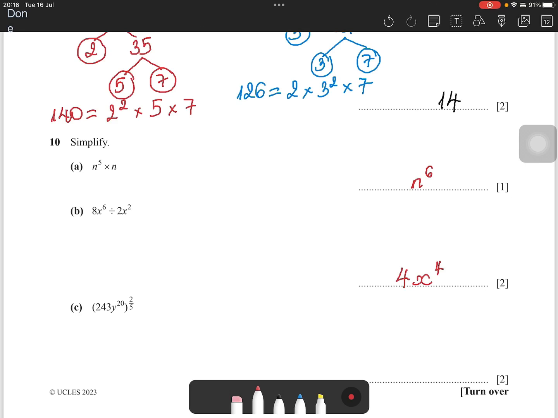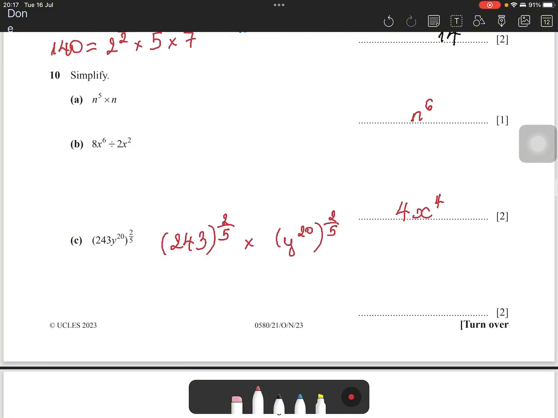C. For this kind of question, we will split it into two parts. For the number part, 243 to the power of 2/5, and the second part is y to the power of 20 to the power of 2/5. Now, for the number part, we'll find the fifth root of 243. Then we square it.